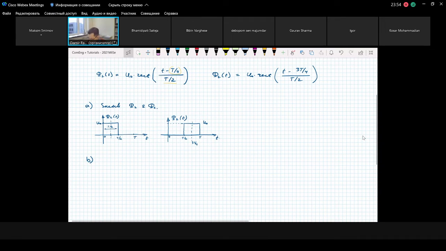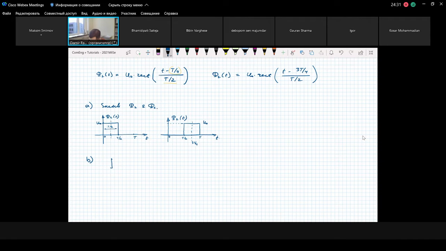In order to show that they're orthogonal, we need to calculate the cross correlation for tau equals 0, which means we calculate the integral of the product of these two signals.